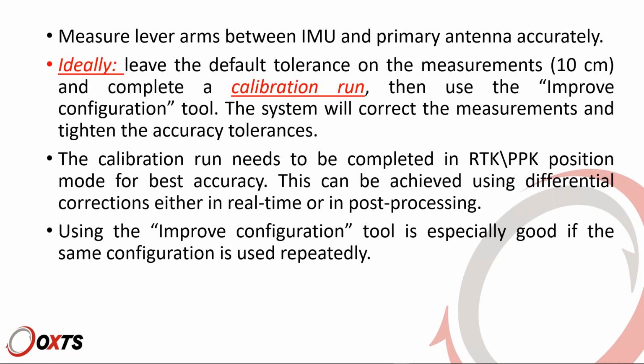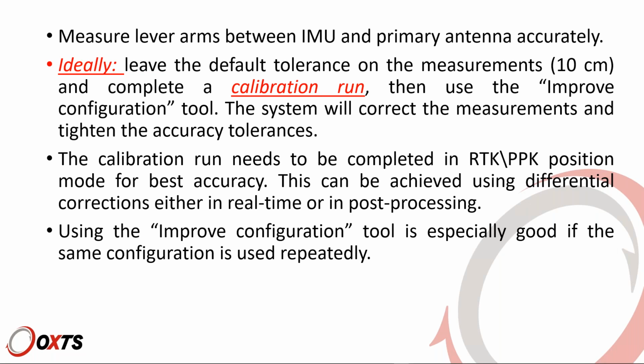Tightening down the accuracies means practically that you are removing a lot of uncertainty that the system will have to cope with. So when you say that the antenna is at a given distance plus or minus 10 centimeters, that's more uncertainty than saying that the antenna is at the same distance plus or minus 1 centimeter. So by tightening the tolerances, you are helping the system by reducing the uncertainty. But it is important to get this right.